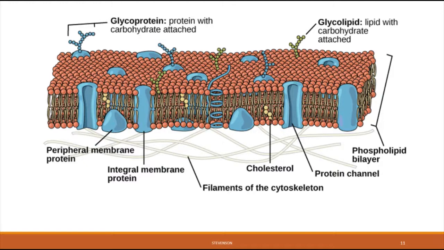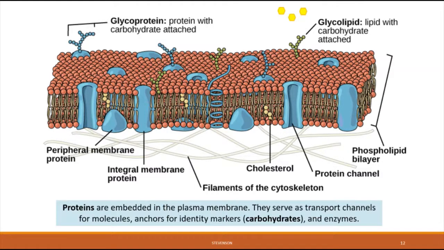You can see the phospholipids represented here, and those phospholipids are shown in these little orangey colored hydrophilic phosphate heads that are attached to the hydrophobic fatty acid tails. You see them in 2 layers facing each other. But you can also see that there are these blue structures embedded in the membrane, and those blue structures are proteins.